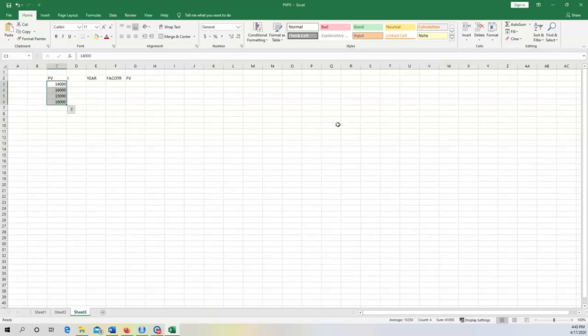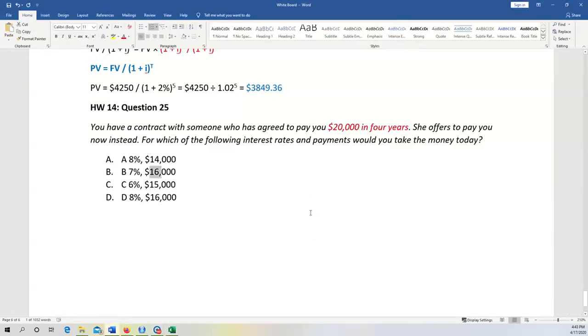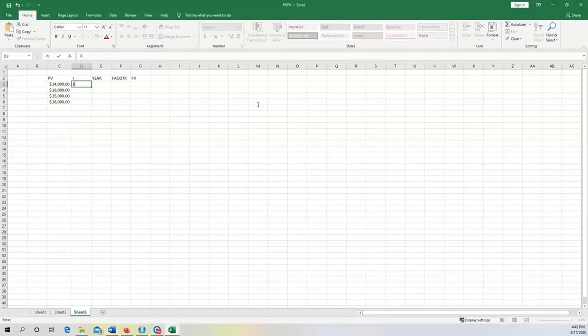So 4 possible options. Let me convert them into dollars. And they are associated with different interest rates, 8, 7, 6, 8. Let me convert it into percentage.